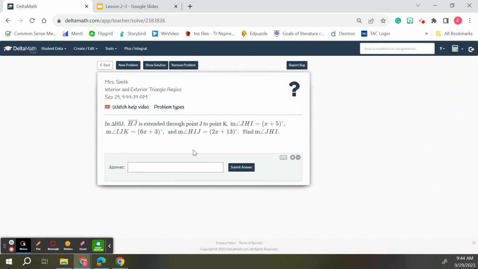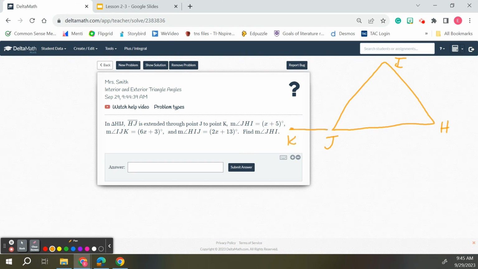Okay, so this says we have in triangle HIJ. So here's the triangle. We're going to do H, I, J. HJ is extended through point J to point K. So here's K, and I'm just extending that line to have that exterior angle. They're saying JHI, so this angle right here, is x plus 5.